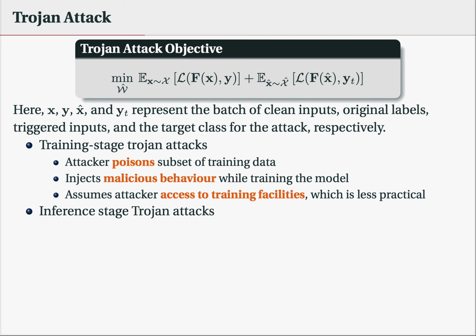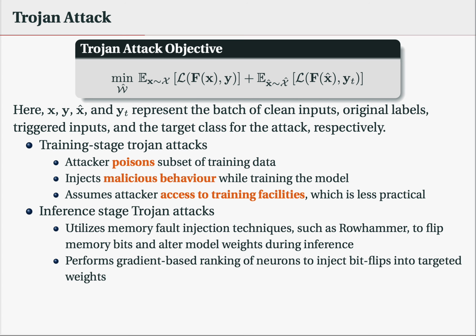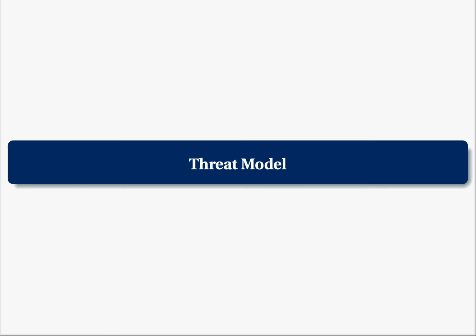On the other hand, there are inference stage Trojan attacks, which utilize memory fault injection techniques such as row hammer to flip memory bits and alter model weights during inference. In inference stage Trojan attacks, the attacker does not need access to training facilities, which is more practical. However, existing works focus on corrupting the last classification layer, which is easier to detect or remove.